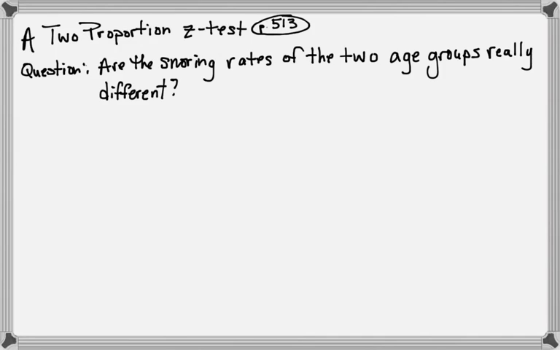So they're going to take two different age groups, and we're going to do a significance test, and we're going to determine, by using our p-value, if these groups are similar or not. That's what we're really going to be asking.